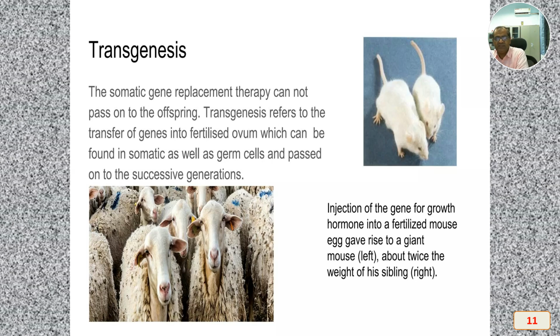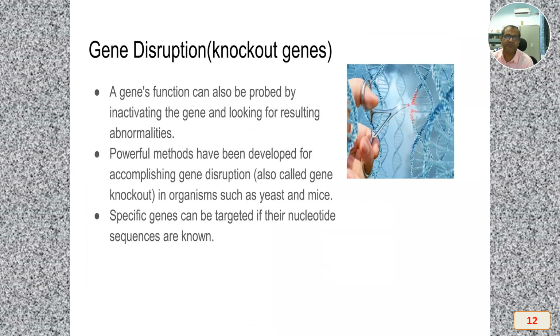Here, the injection of a gene for growth hormone into a fertilized mouse egg gave rise to a giant mouse, the left one, about twice the weight of its sibling, on the right. So we can also produce giant animals with greater genetic potential, which is impossible by the natural method.